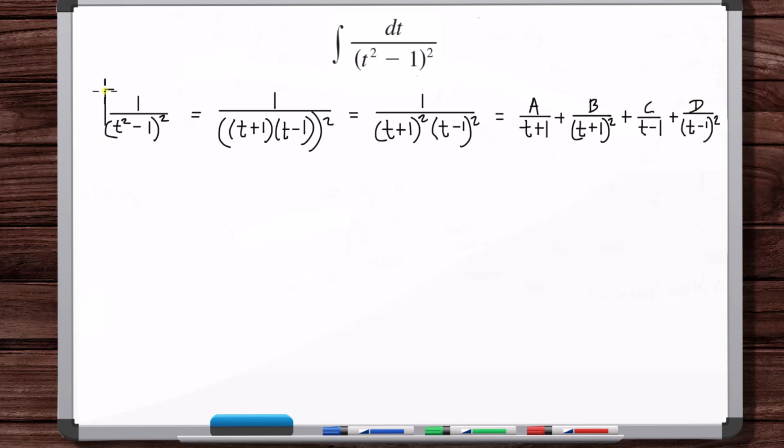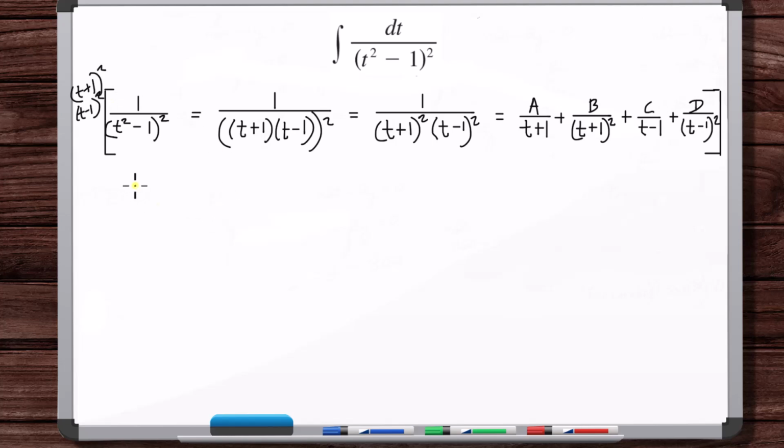So now we want to multiply this entire equation by the least common denominator to clear the fractions. So this is going to be (t plus 1) squared times (t minus 1) squared.